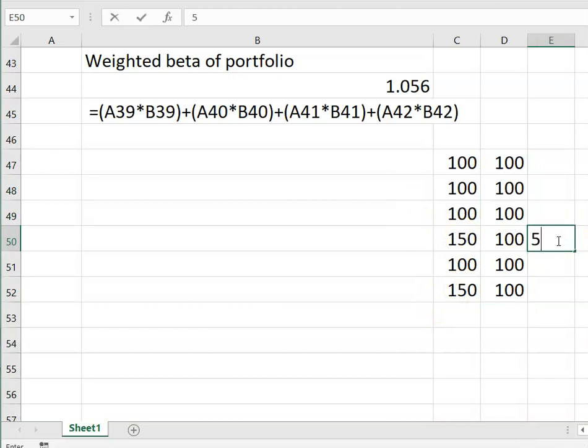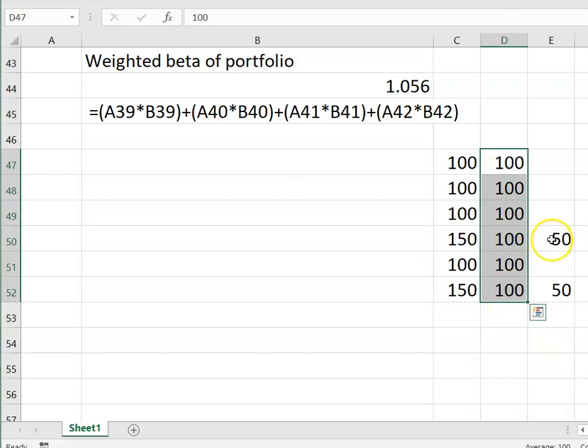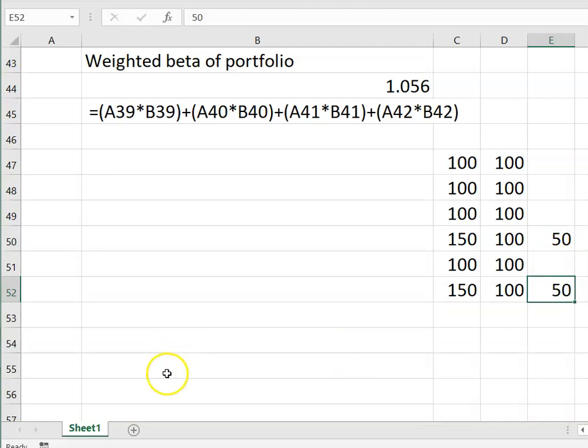So I also have this 50 and 50. So the value of this crazy payment stream is the present value of this annuity plus the present value of that plus the present value of that. So I take 3 calculations.